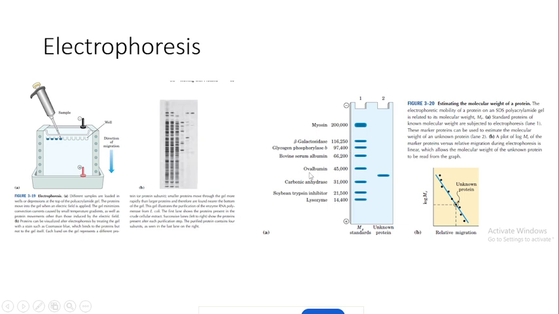Myosin has a different molecular weight, ovalbumin has a different molecular weight, and you can also calculate the molecular weight of an unknown protein, right?